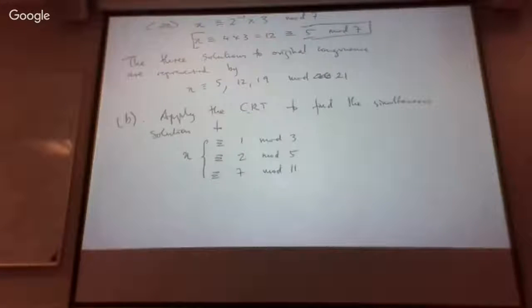So what are the integers x which simultaneously are in these 3 different congruence classes?